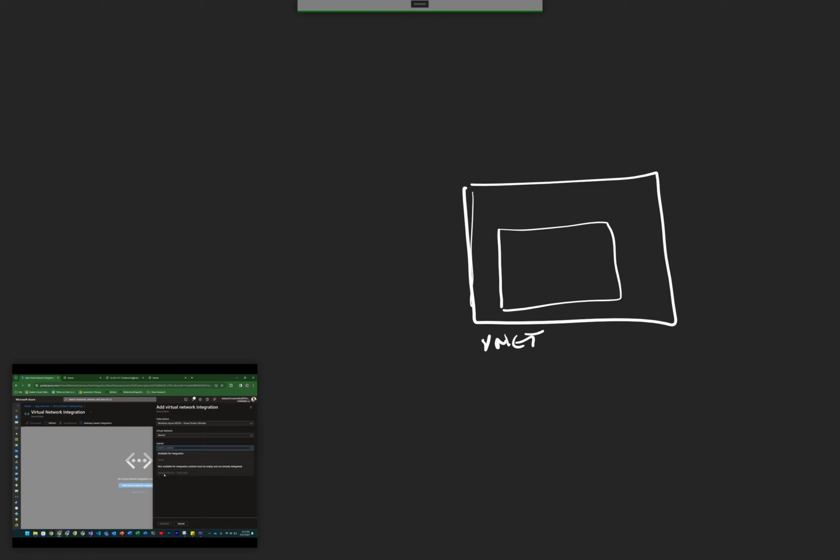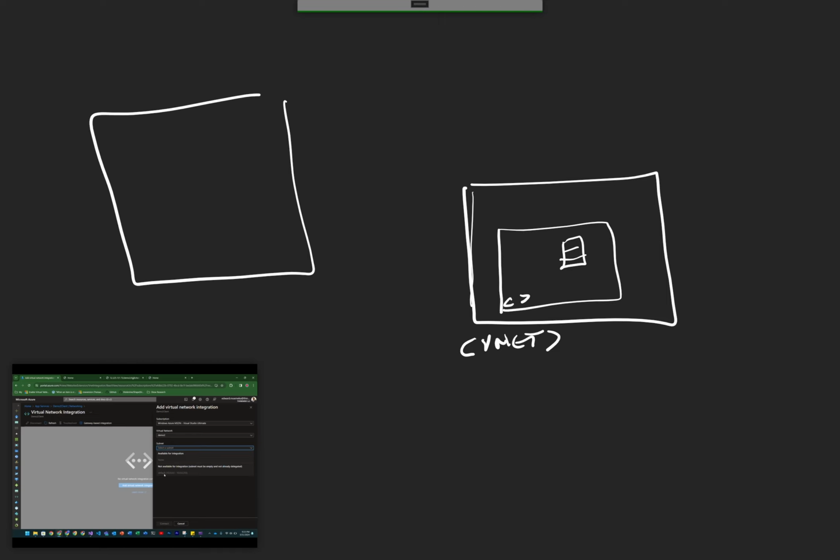There's a VNet, there's a subnet. And inside of that subnet, we have a VM. Because we have a VM inside of here, and here's the public cloud out here, and here's our app service sitting in there. Because we have a VM in here and an IP address has actually been taken up, we're not going to be able to use it for VNet integration.